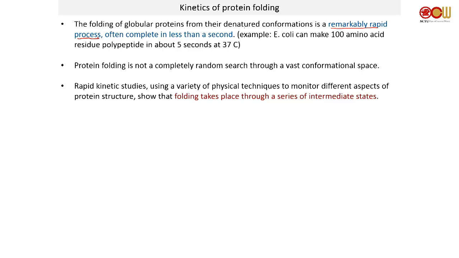For example, E. coli can make about a 100 amino residue polypeptide in about 5 seconds at 37 degrees. So you actually produce proteins pretty fast. Now, this is a key concept. Protein folding is not a completely random search through a vast conformational space.